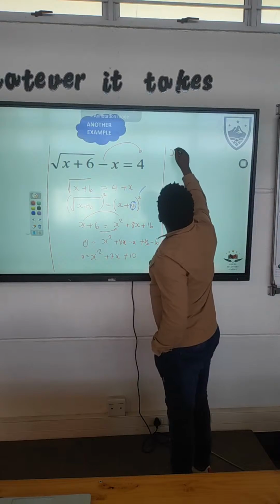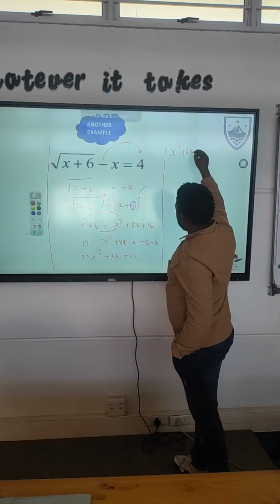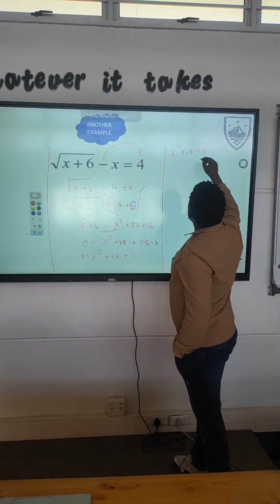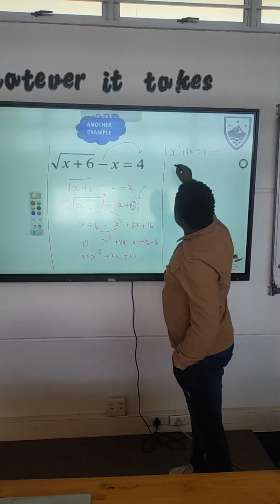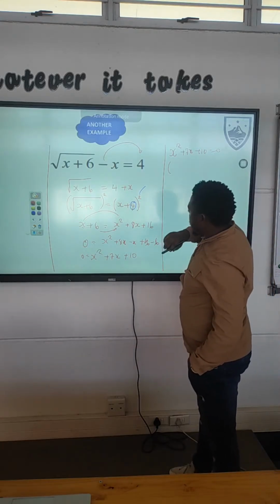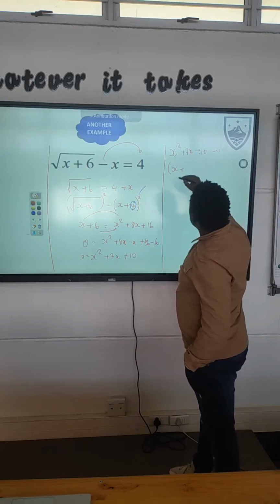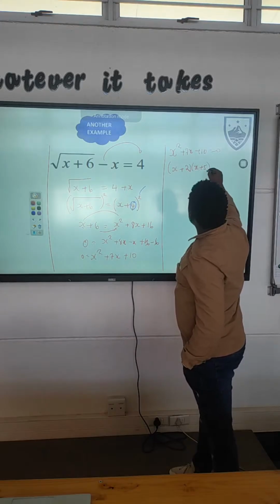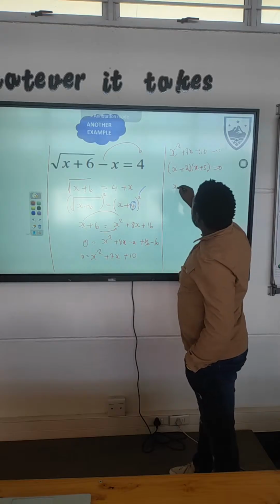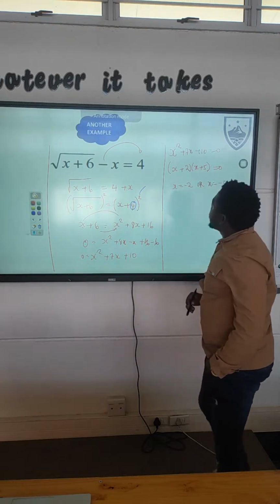So we'll have x squared plus 7x plus 10 being equal to 0. And then this we can factorize to say this is the same as x plus 2 and then x plus 5 equals 0. So our x will be equal to negative 2, or our x will be equal to negative 5.